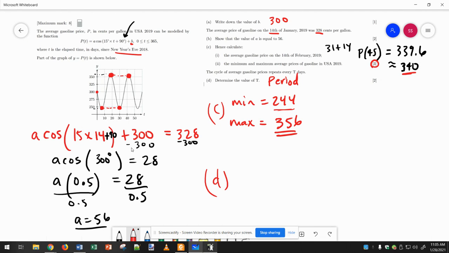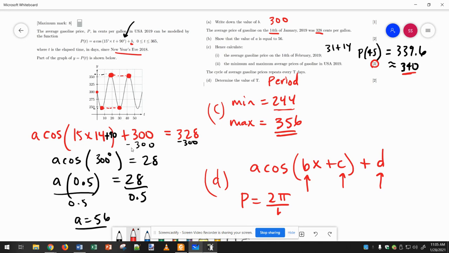There's even another way where if you've got a cosine function in standard form, it would look like this, where this number is actually the b value, and this is d, and we could have plus or minus c. And so the period formula is 2 pi over this b value, this coefficient in front of the x.